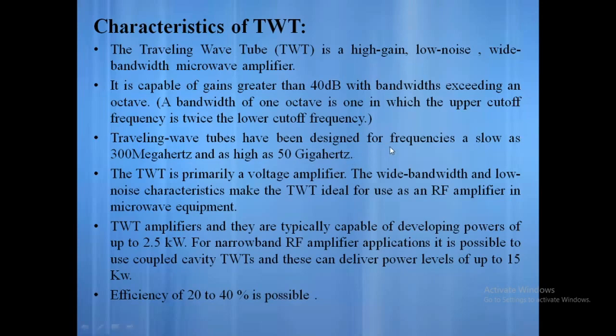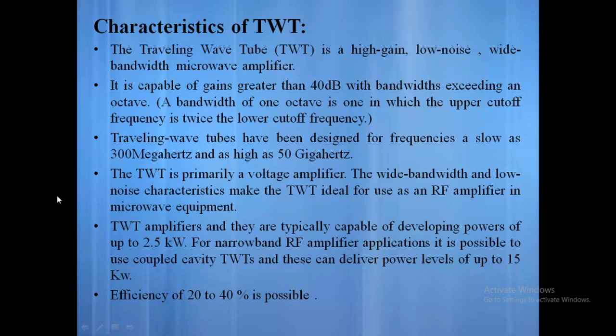Next, traveling wave tubes have been designed for frequencies as low as 300 MHz and as high as 50 GHz. The traveling wave tube is primarily a voltage amplifier. Wide band and low noise characteristics make the traveling wave tube ideal for use as an RF amplifier in microwave equipment.